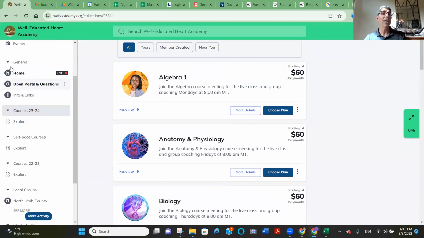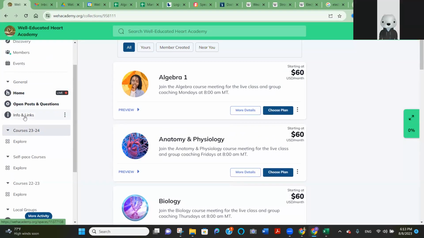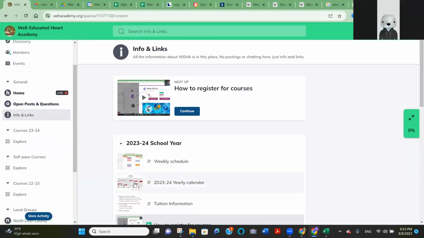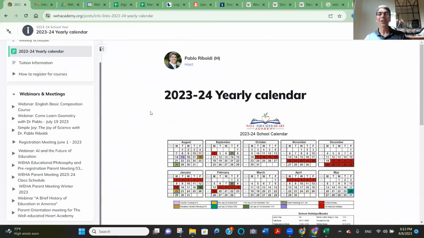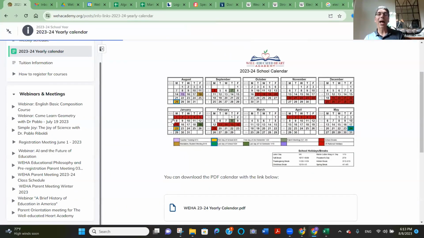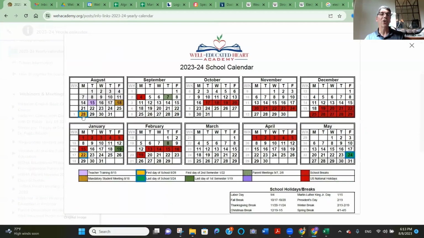If you go again to the info and links page, to the yearly calendar, you can see that the first semester is going to start August 28. That is the first day of classes. We are going to have a mandatory student meeting on August 18, just in a couple of weeks. Holy cow, this summer has gone by fast.